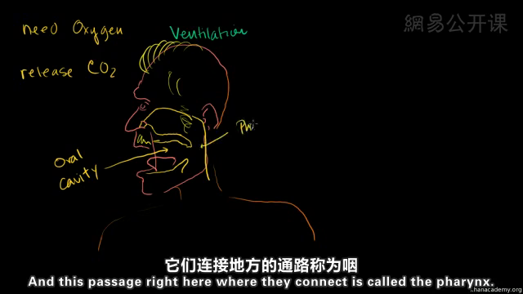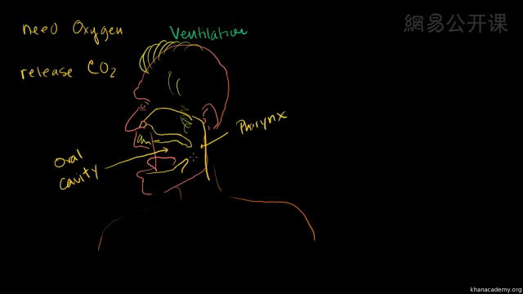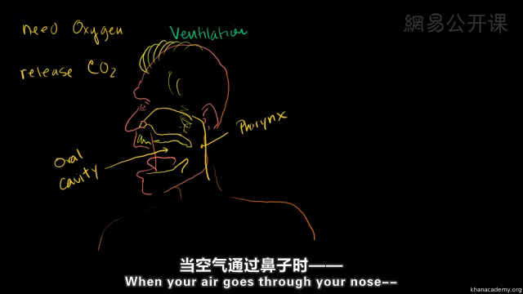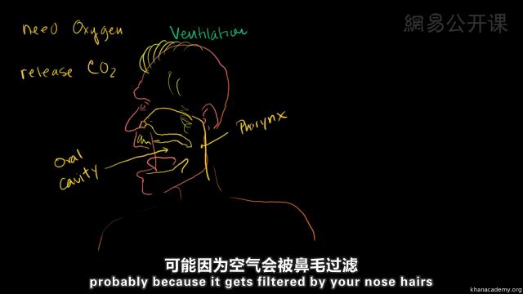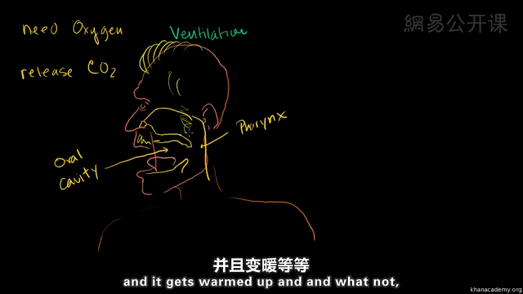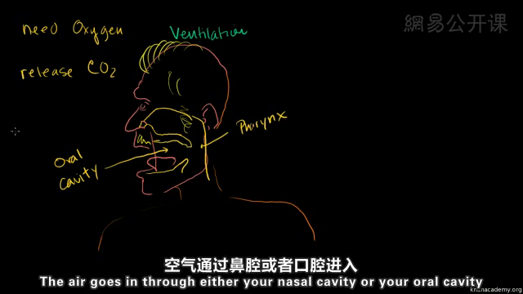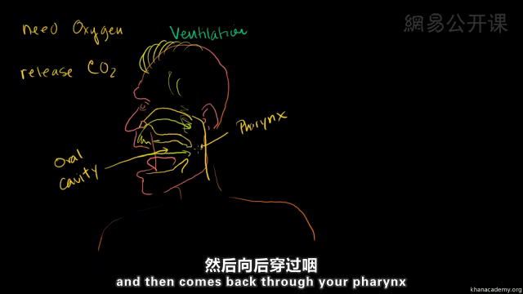They say breathing through your nose is better, probably because it gets filtered by your nose hairs and it gets warmed up and whatnot. But you can breathe through either side. The air goes in through either your nasal cavity or your oral cavity, and then comes back through your pharynx.